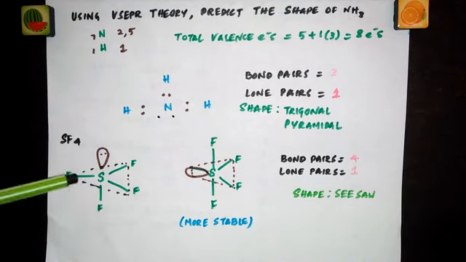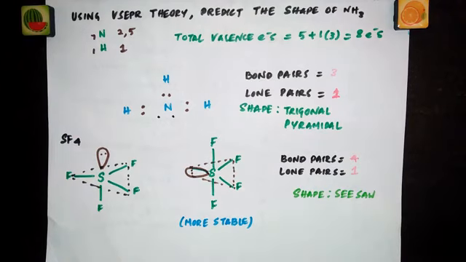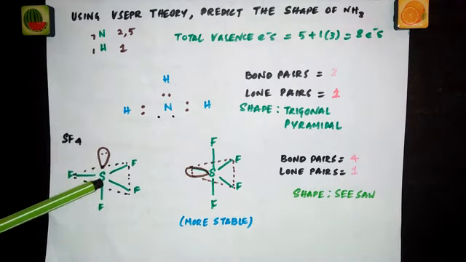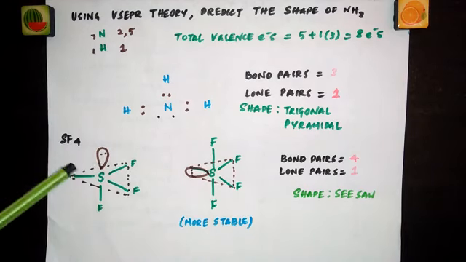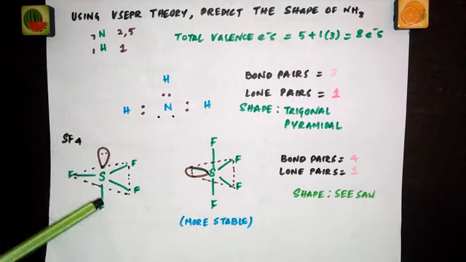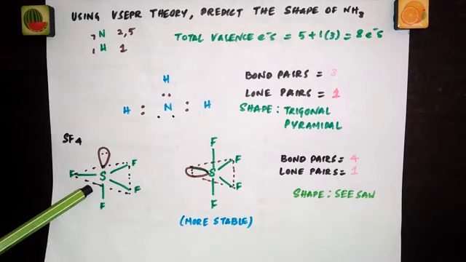So in this structure, the lone pair is present at the axial position. So imagine a 3D structure. When the lone pair is in the axial position, there will be 3 bond pair lone pair repulsions. See, 1, 2, 3.